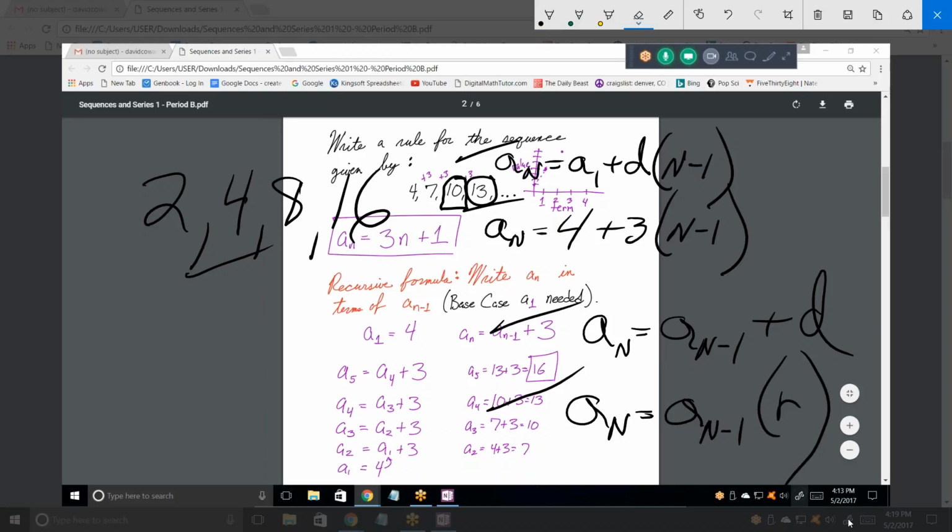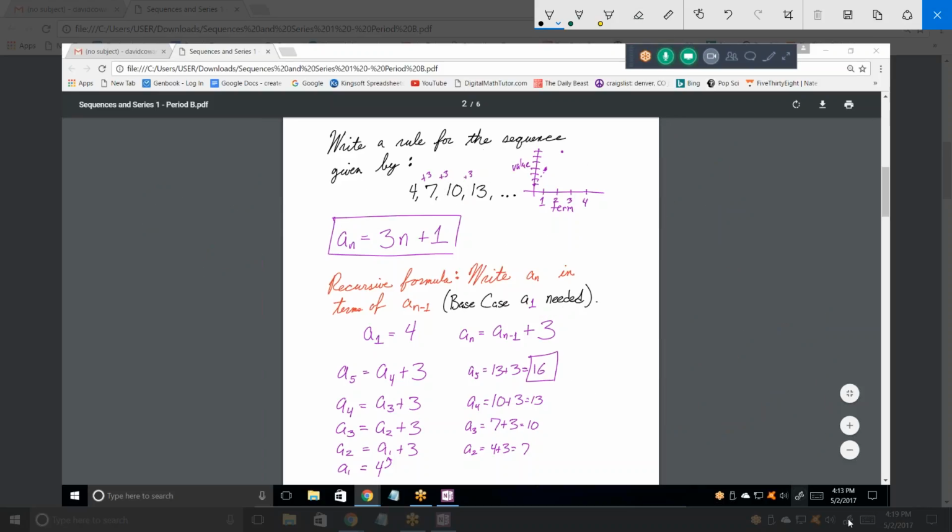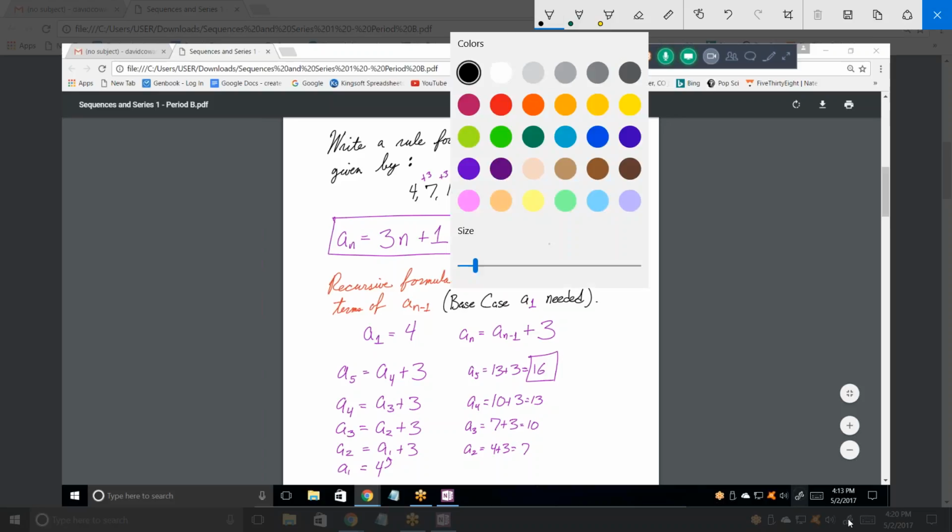Now, I'm trying to figure out what all this stuff is that he's put below here. So this answer he has put here applies to this sequence.